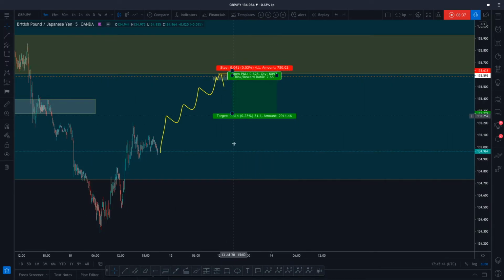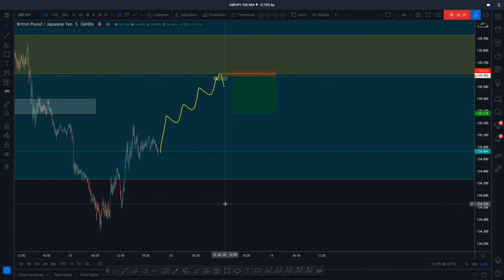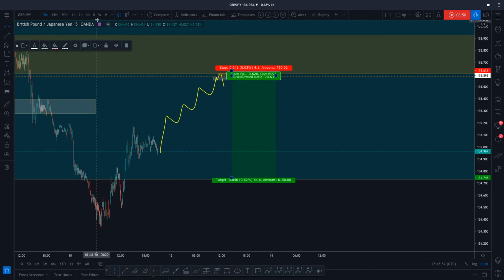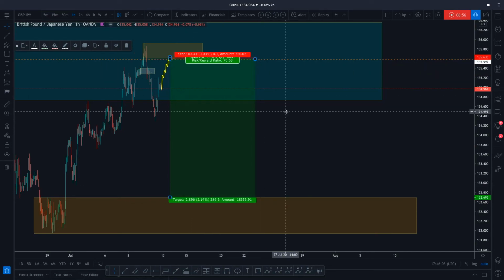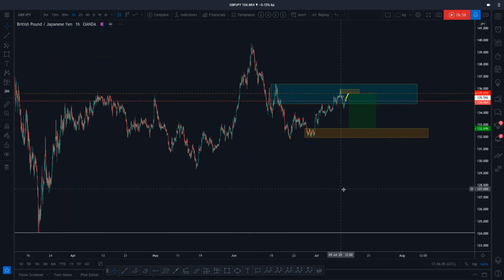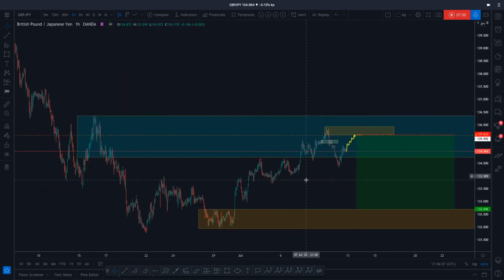So I recommend 2 to 5 pips above the trigger event on the 5-minute time frame. My first take profit will be about here, and the second one will be right here.